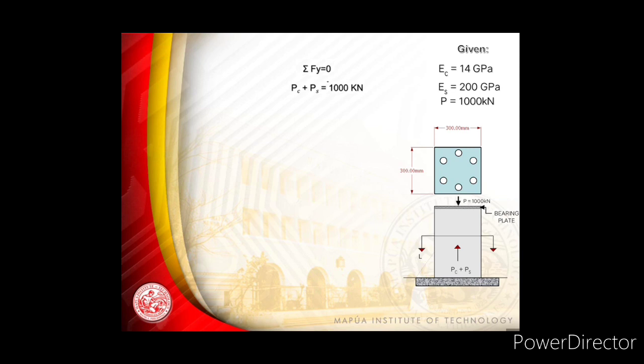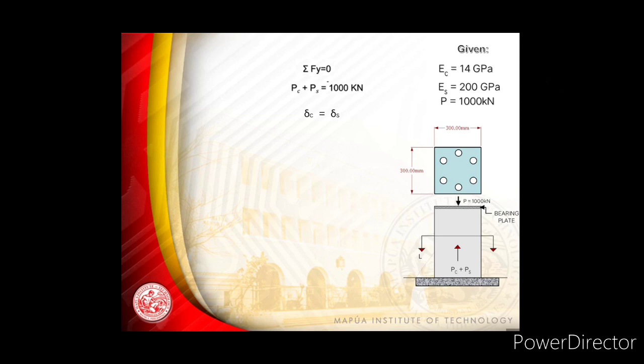So the upward forces are reacting to the downward forces, which is equivalent to the load of 1000 kilonewtons. When that load is applied, your concrete is going to deform, and so is your steel, and they are both equal because it's a column, it's one solid material.